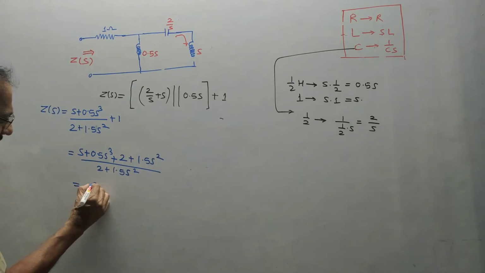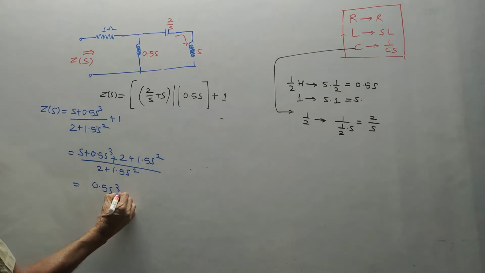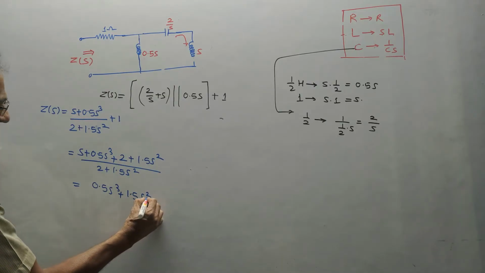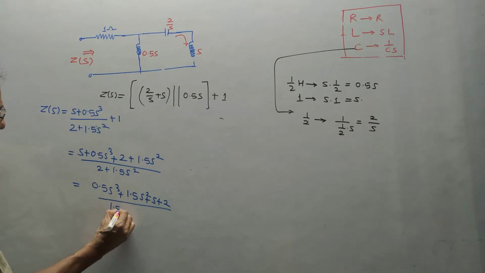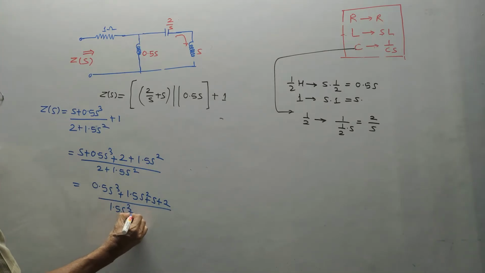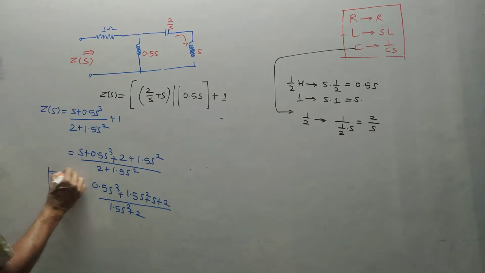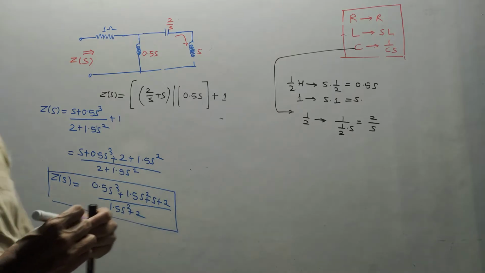So first I will write 0.5 s cube, then next will be plus 1.5 s square plus s plus 2 upon 1.5 s square plus 2. This is the answer of the first step, where we calculated the value of driving point impedance.